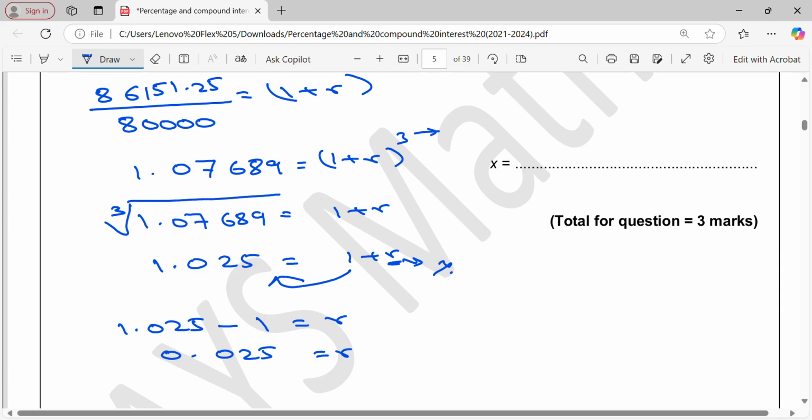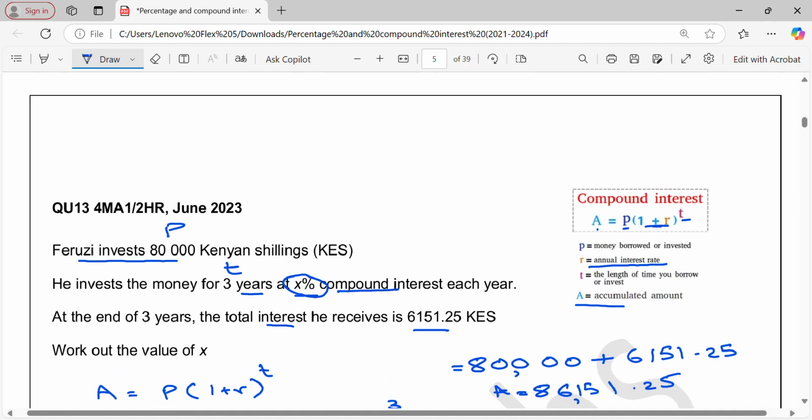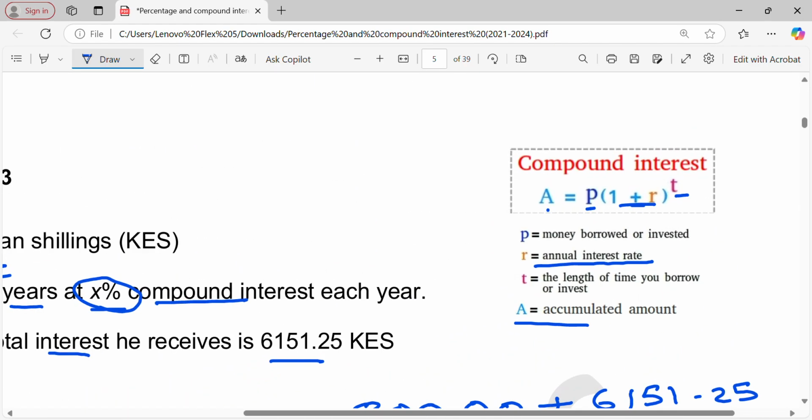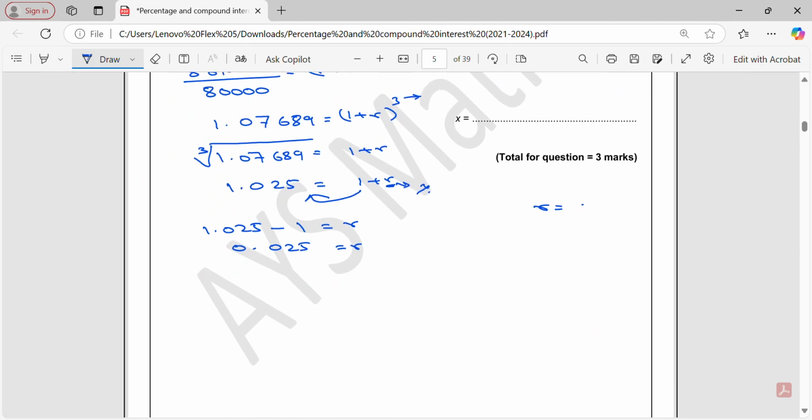Because this is written in the form of a percentage, I multiply it by 100. R means some percentage, as I have shown you in the formula. R is the annual interest rate, and that is always written in the form of a percentage.